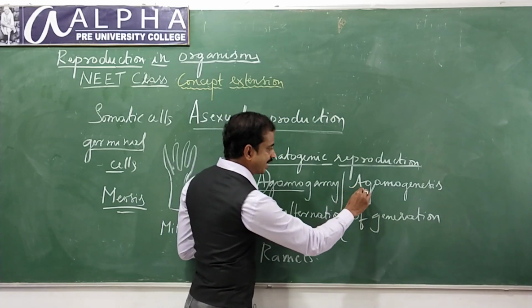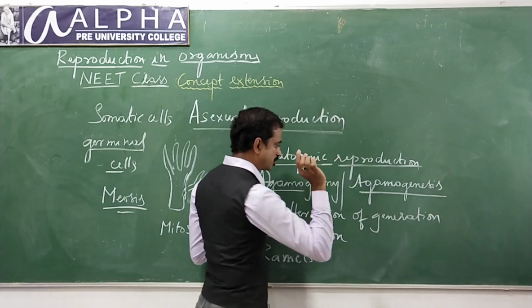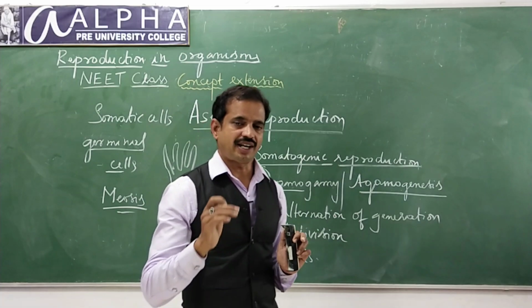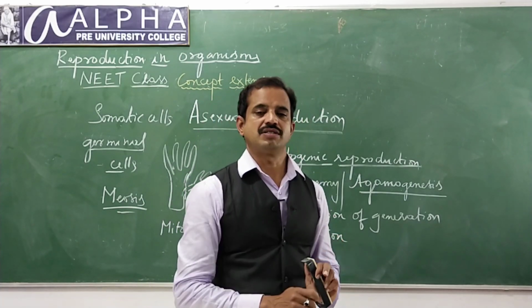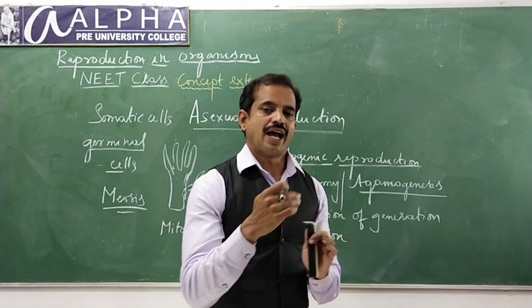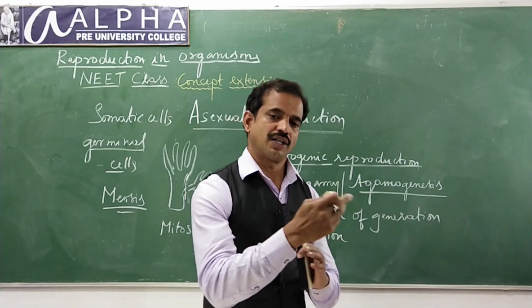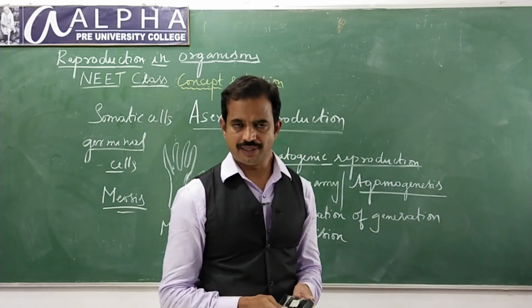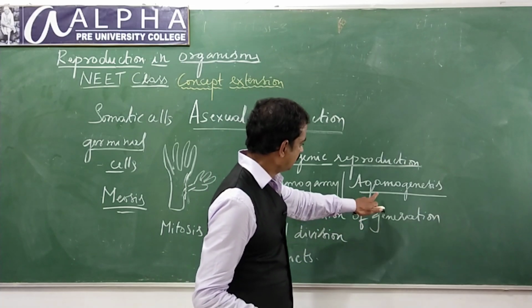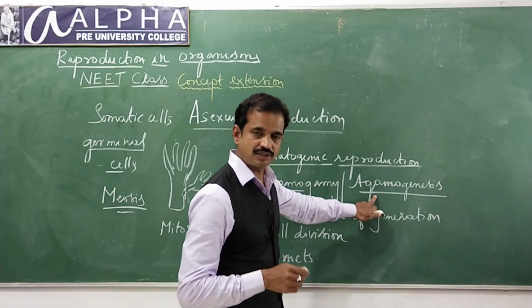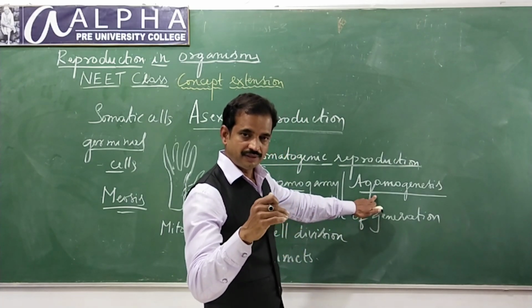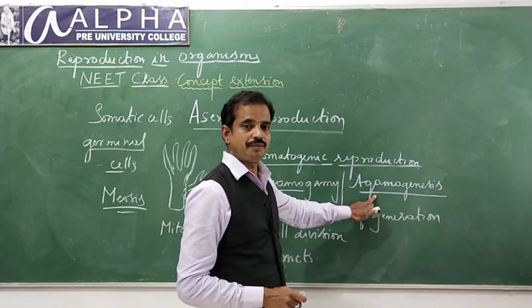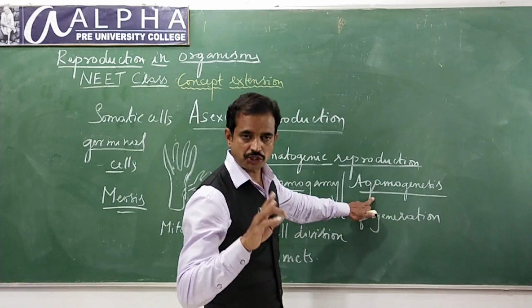Asexual reproduction is also referred to as agamogenesis because gamete formation does not take place. So, if you find the word agamogenesis in one of the options for a question in your NEET examination, it implies that it is asexual reproduction.